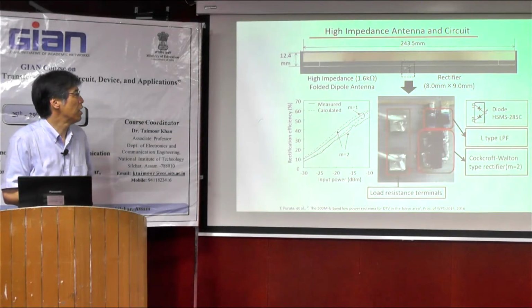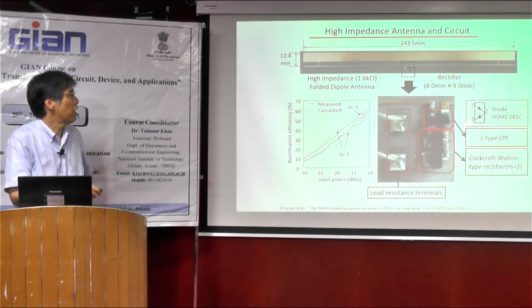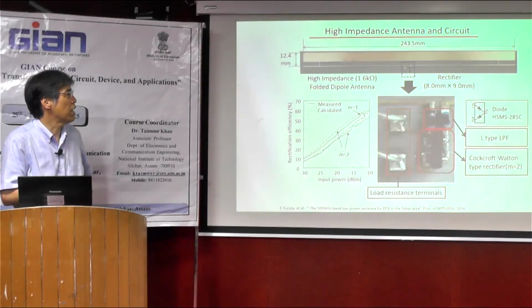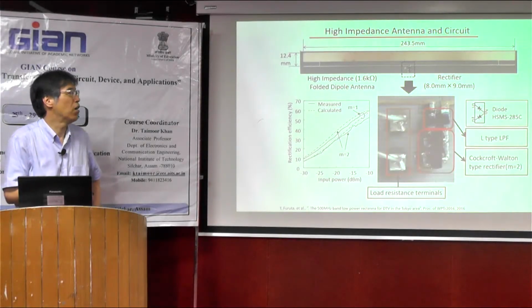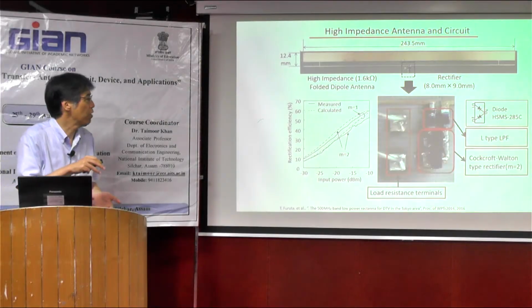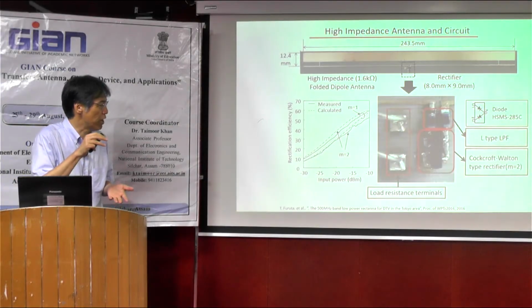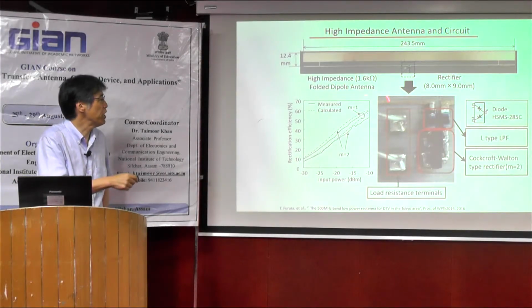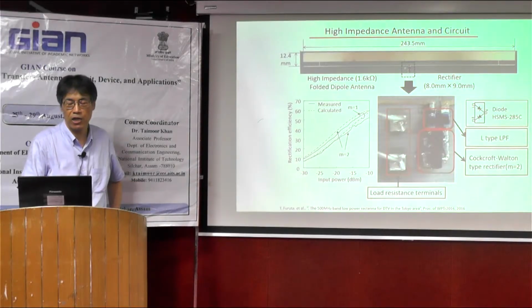So in this case, for the antenna impedance and the circuit impedance itself, we choose a very high impedance, and we would like to increase the input power added at the diode.